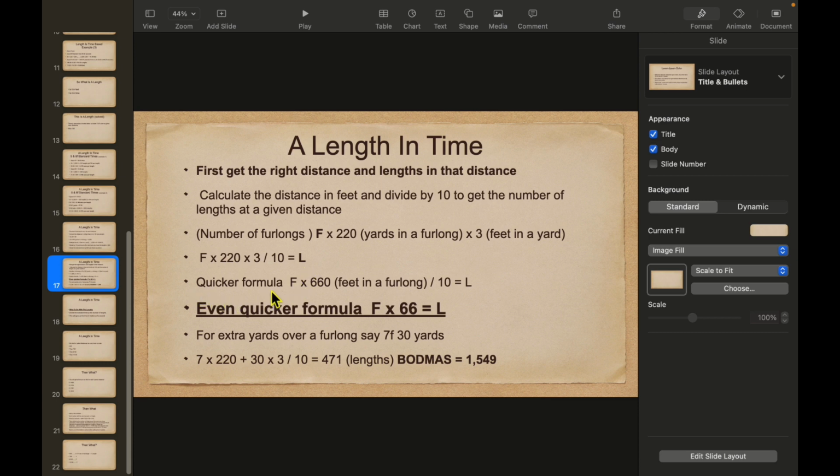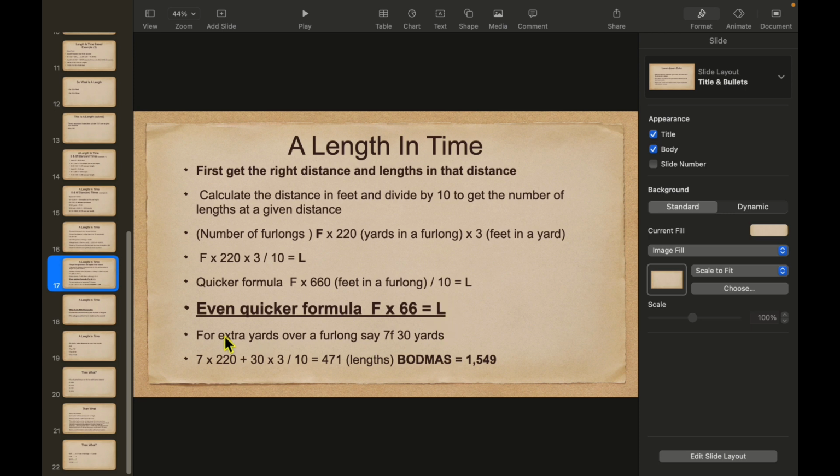A quicker formula is F times 660, that's how many feet are in a furlong, divided by 10 equals lengths. Or, this is as quick as you can get it, furlongs multiplied by 66 equals how many lengths at a given distance.